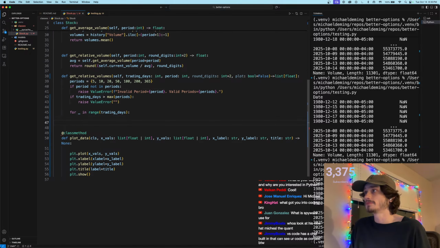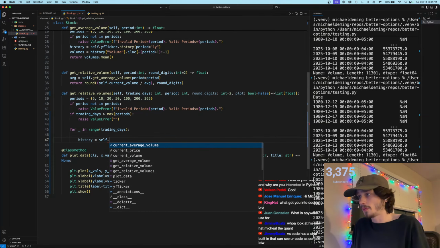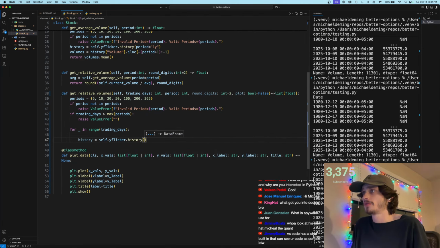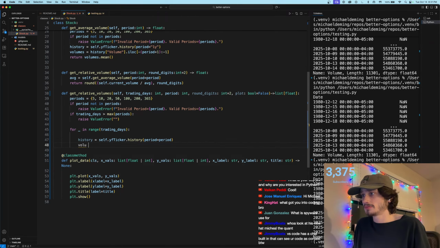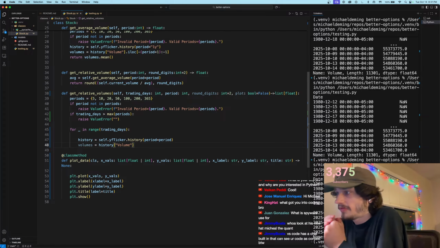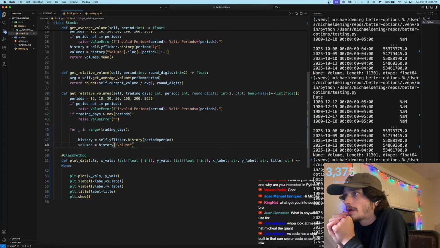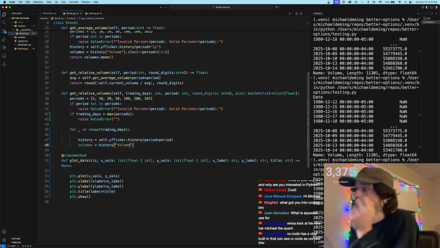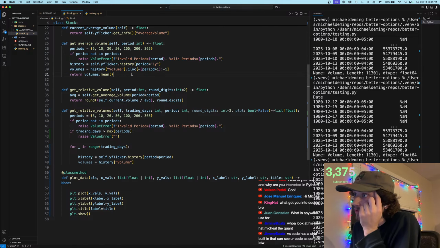So history is equal to self.yf ticker.history for the period of the period, and then we're going to take the volume of that history. That returns volumes, the mean, the average volume.